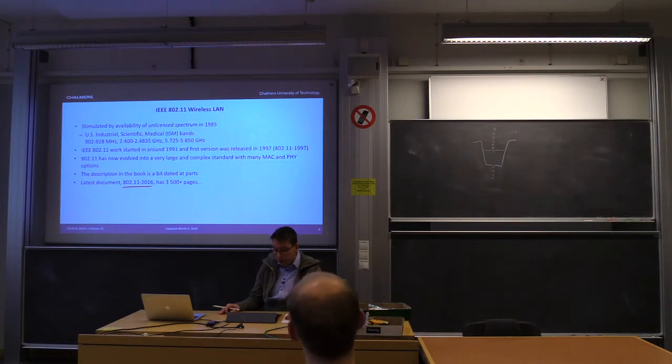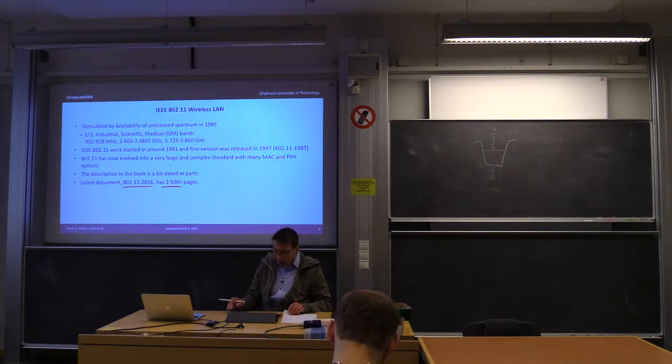I did that yesterday. 3,500 plus pages. So it's not something that you just read from cover to cover. And out of these 3,500 pages, not all of them are used at all, right? There are certain parts which are today available in products, but for legacy reasons, once they are in the standard, they don't leave, basically.